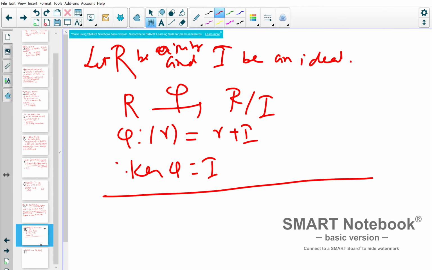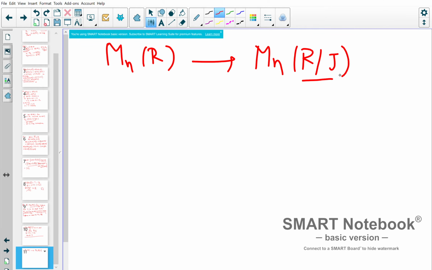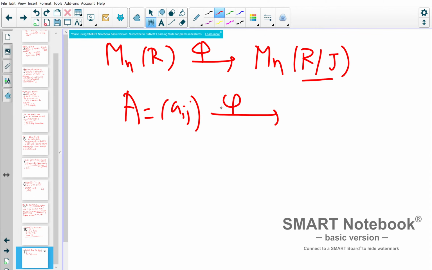See, J is an ideal of R, so R mod J is again a ring. So you can talk about the ring, and then you define the map phi. Now what is the phi? So this is simple. You just take a matrix A, which is nothing but Aij, and under phi it maps to A bar.